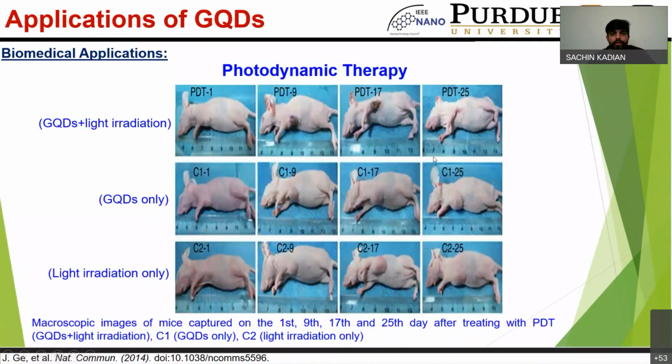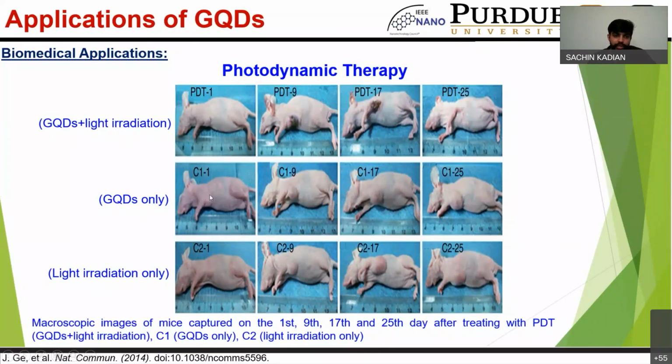So further, as these GQDs have several sites containing oxygen functional groups, all these GQDs can generate singlet oxygen through light irradiation. And if you see this, these are tumors of mouse, and in this they have used GQDs plus light irradiation.